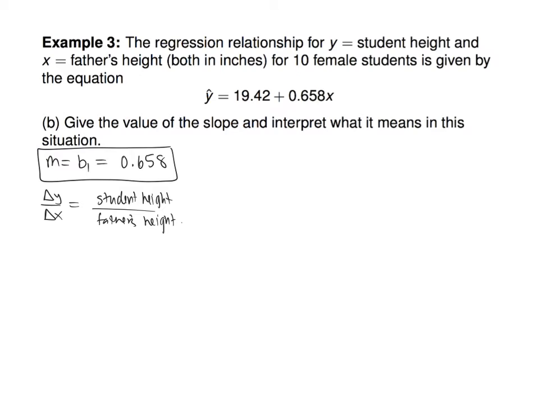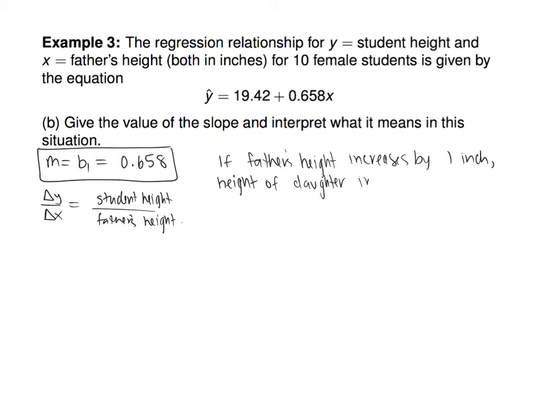So if a father's height increases by 1 inch, the height of the daughter student increases 0.658 inches.